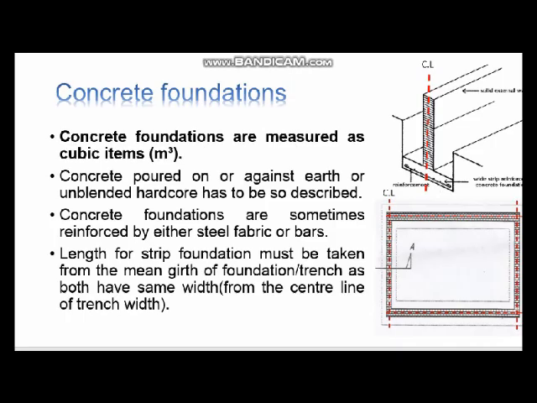So it's a long type of foundation. So what you need to do is find the average perimeter, similar to how you find the center line of your trench previously, the mean girth of the trench, because strip foundation should follow the width of the trench size.